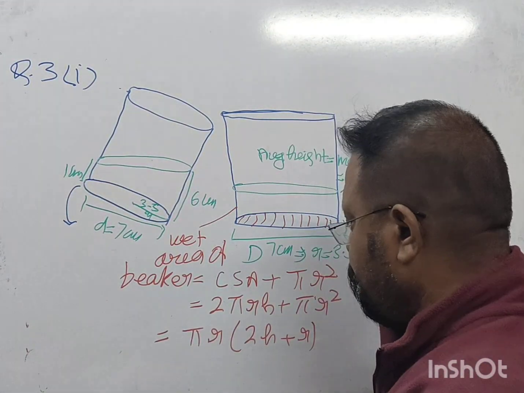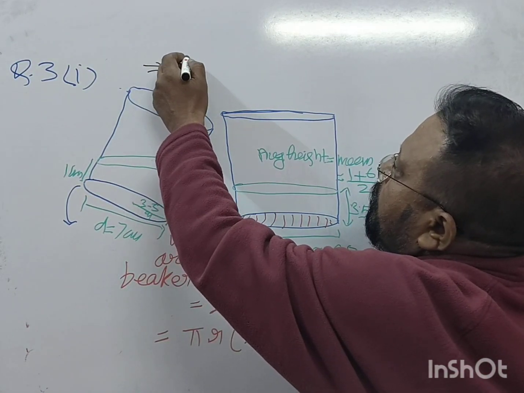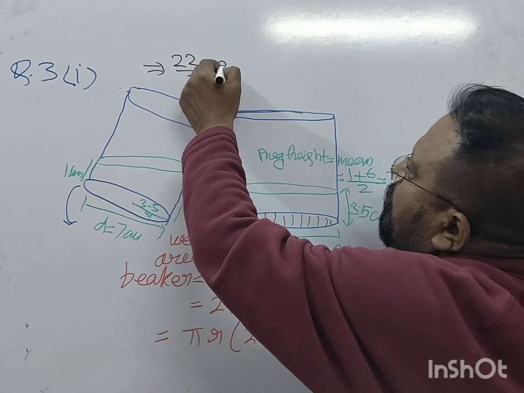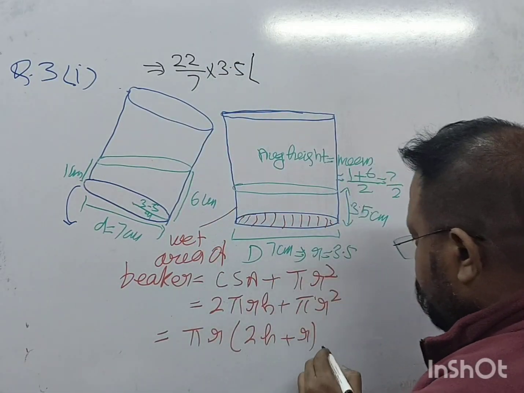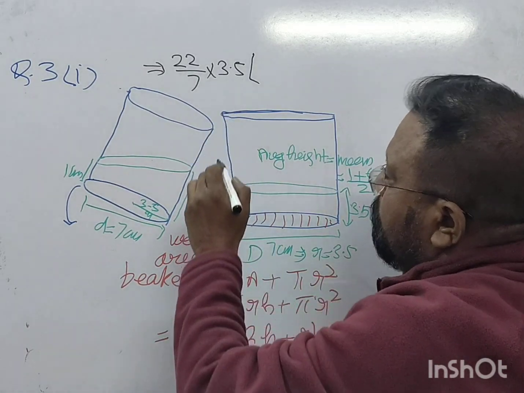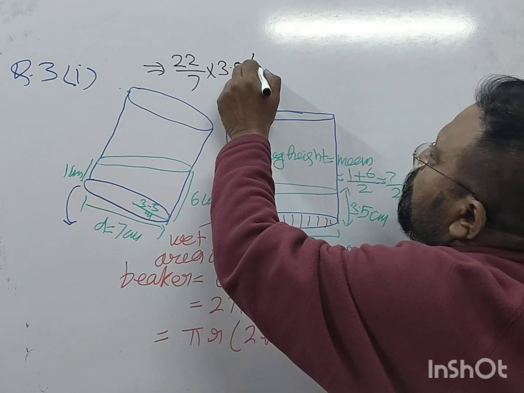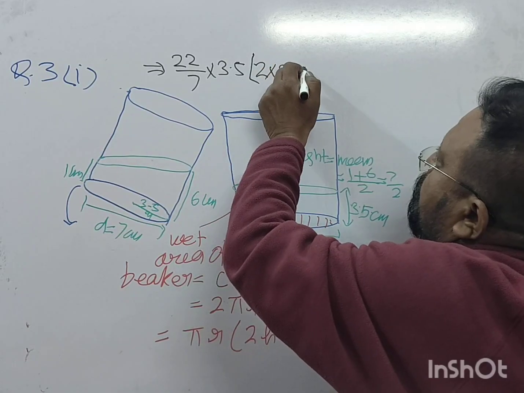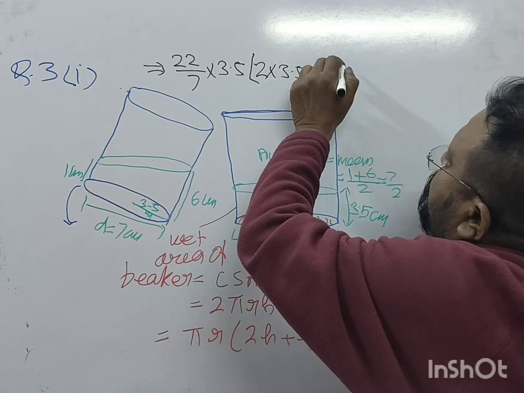So now we have 22 by 7 into radius 3.5, bracket, this is centimeter square, 3.5 into 2 into h, that means 2 into 3.5 plus 3.5.